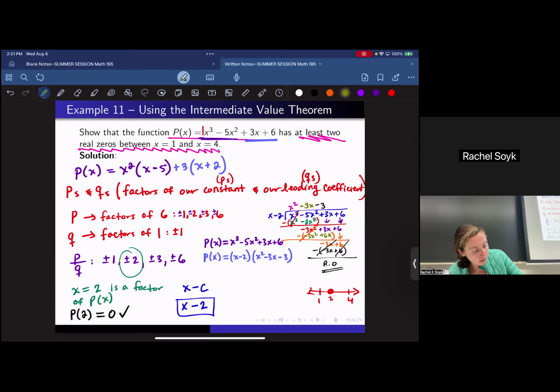And so how do we do that? That's where we want to utilize our intermediate value theorem. So we want to look at a potential real zero between 2 and 4.